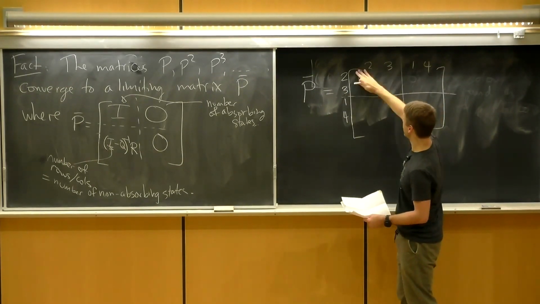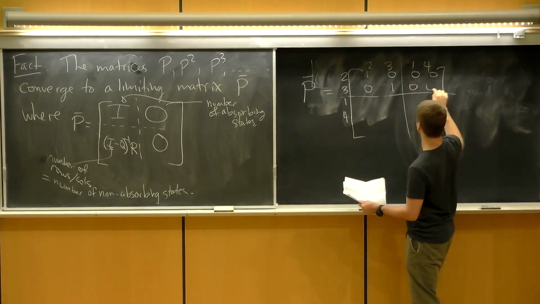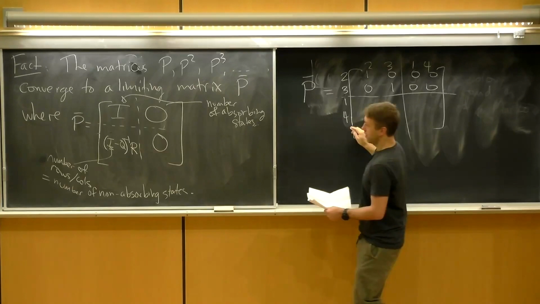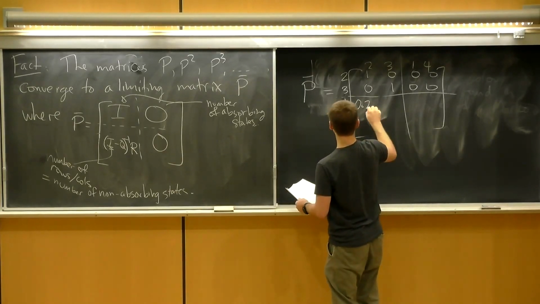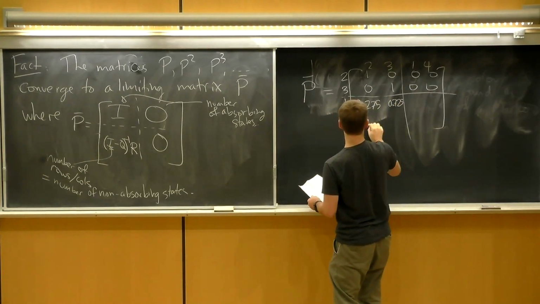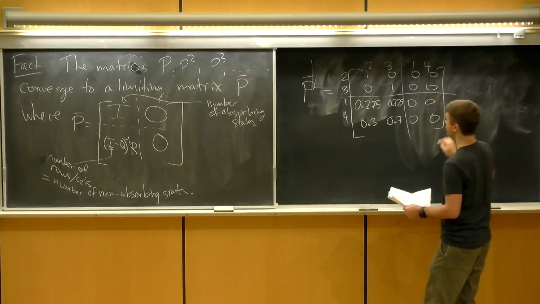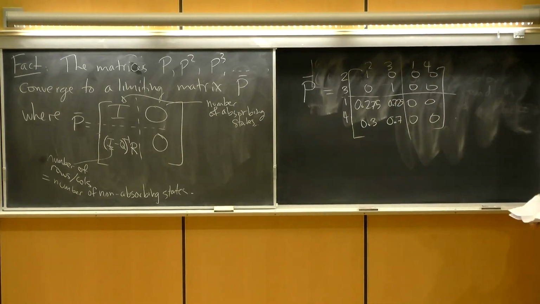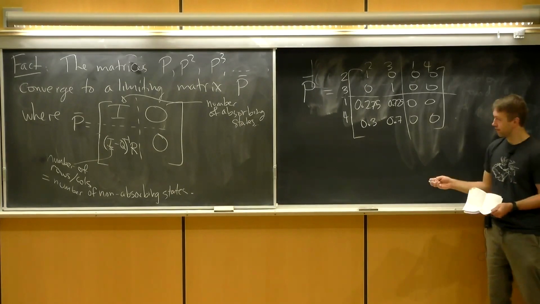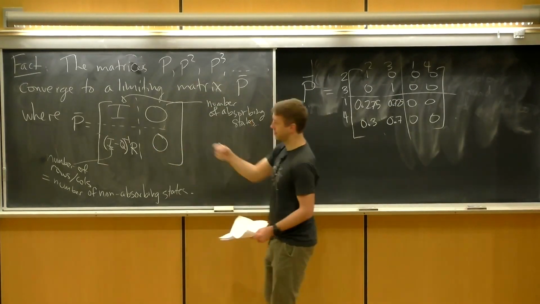My limiting matrix will look like 1, 0, 0, 1, 0, 0, 0, 0, 0.275, 0.725, 0.3, 0.7, and then 0, 0, 0, 0. Okay. So this is this matrix, right? We just computed it.